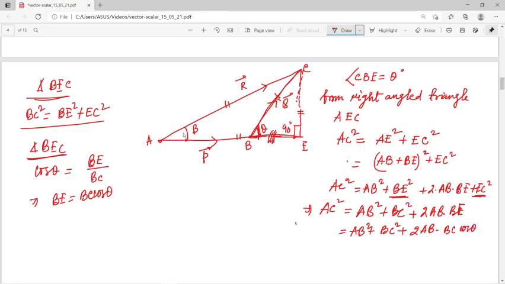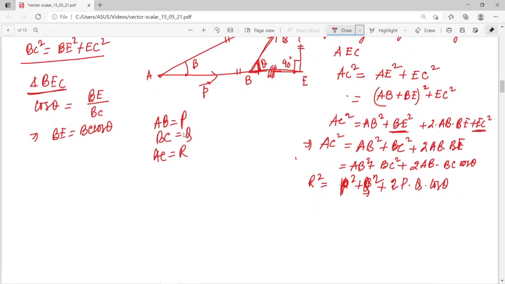From that figure, the value of AB is P, the value of BC is Q, and the value of AC is taken as R. So R square can be written as P square plus Q square plus 2PQ cos theta.